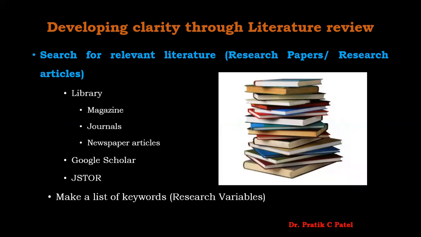Many times what we do is that we straight away start writing our topic and we straight away try to write our objectives also. And as we don't have much clarity, we end up writing something which has probably nothing much to do with the topic. You develop clarity when you read more.